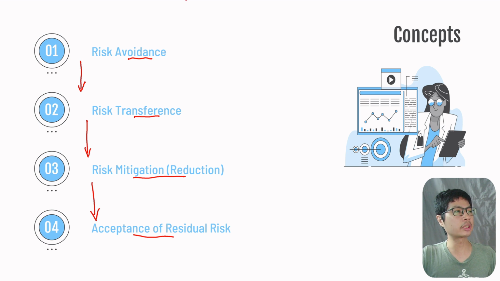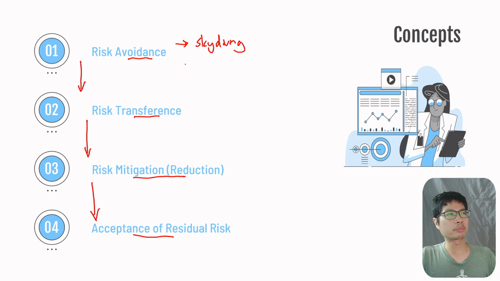Okay, so let us use an example to quickly take a look at risk avoidance. For this particular example, let's say we want to go skydiving. Skydiving is an activity with rather high risk, and so we would have to do some risk management here. Can we actually avoid the risk totally by not skydiving?